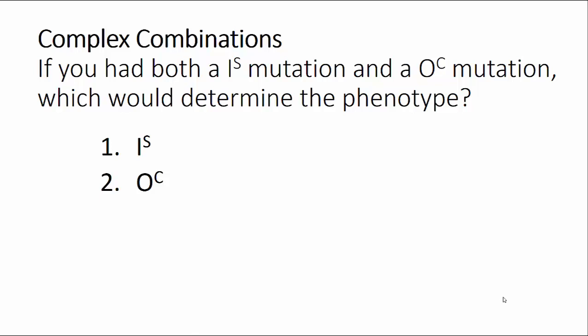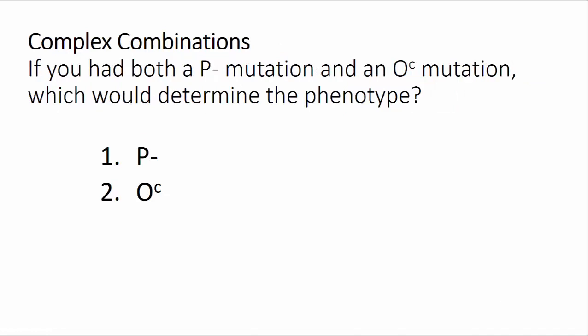But you also had an OC mutation in which the repressor could not bind to the operator, and therefore the genes on that copy of the operon would be constitutive. So in this case, the one that wins out is actually the OC. And the reason is because that mutant super repressor cannot bind in the first place to that mutant operator.